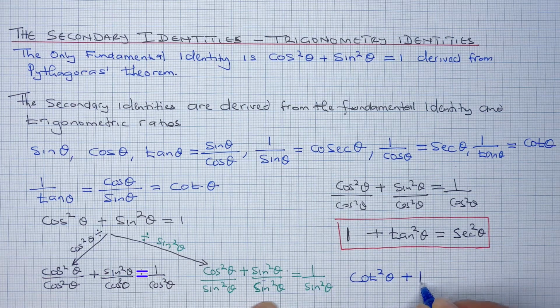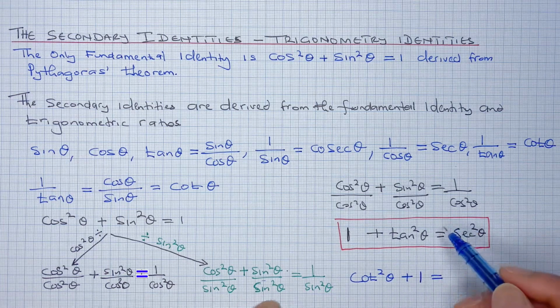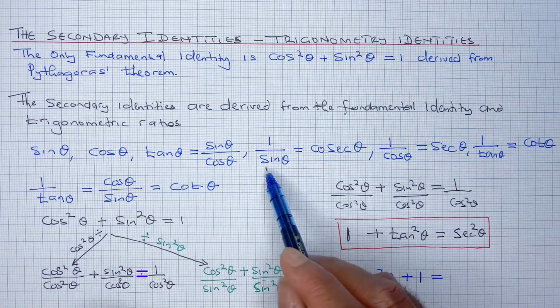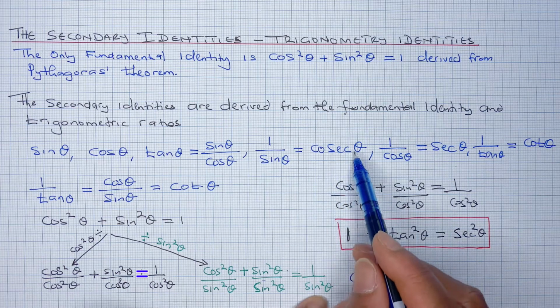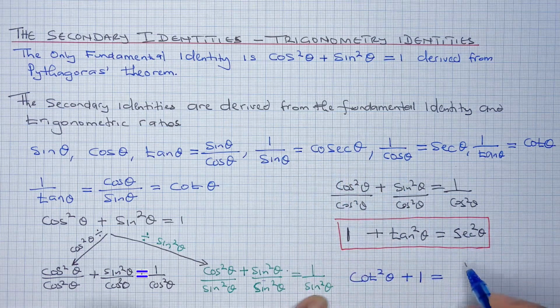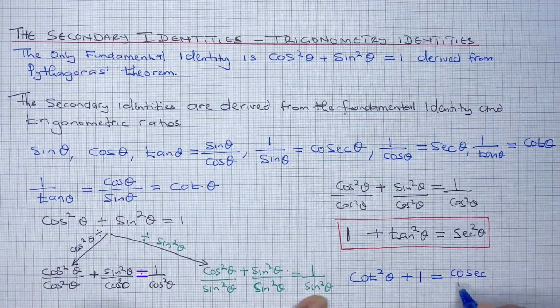So plus 1 equals 1 over sine squared theta. 1 over sine theta is cosec theta, so 1 over sine squared theta will be cosec squared theta. That's the complement of sec squared theta.